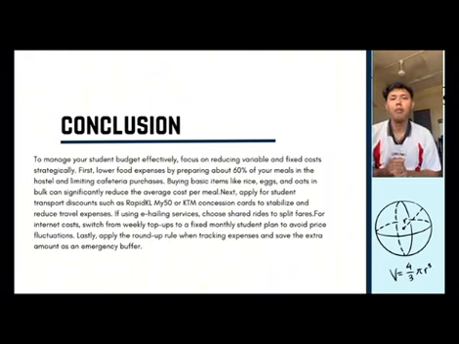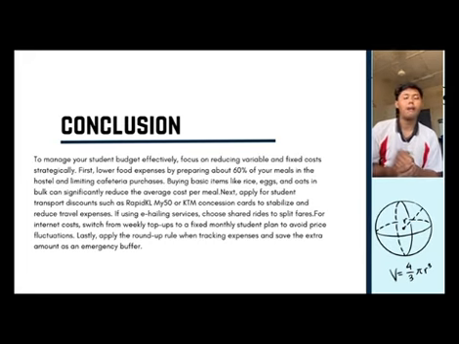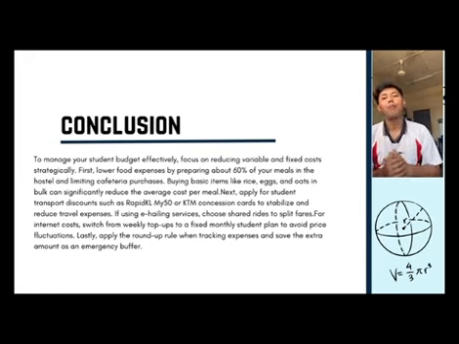Buying basic items like rice, egg, and oat in bulk can significantly reduce the average cost per meal. Next, apply student transport discounts such as Rapid KL, My50 or KTM concession cards to stabilize and reduce travel expenses.